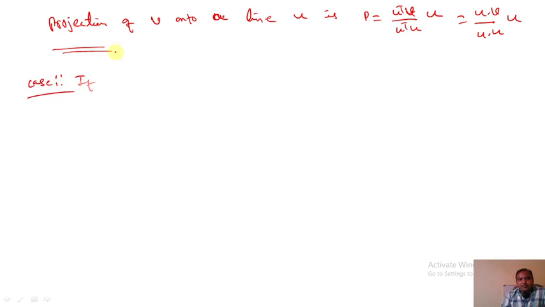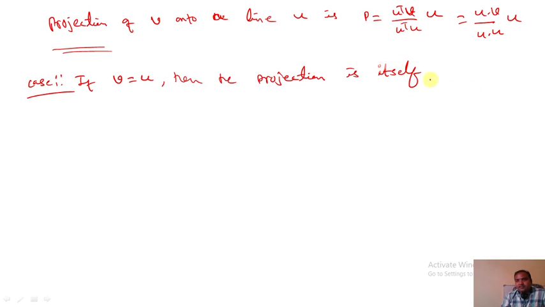Now in case one, suppose in this projection the vector V equals U. That means V equals U vector, U by U, so you get the projection is itself.